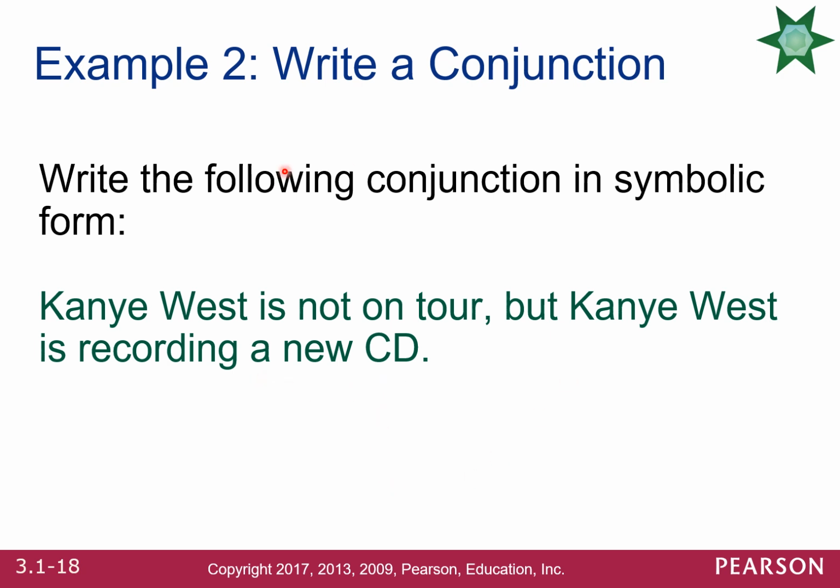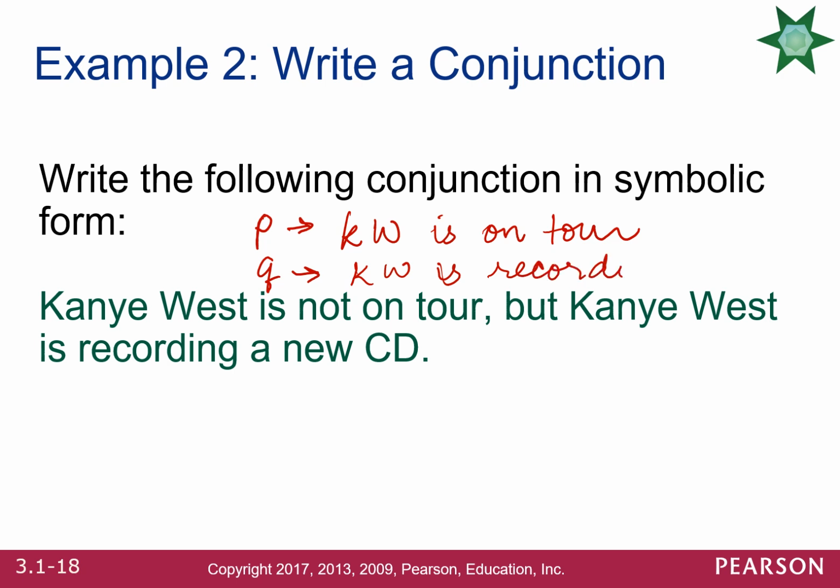All right, let's use a symbol to represent the two ideas. We'll use P and Q. P is the first idea, about the tour: Kanye West is on tour. Q is the other one: Kanye West is recording a CD.